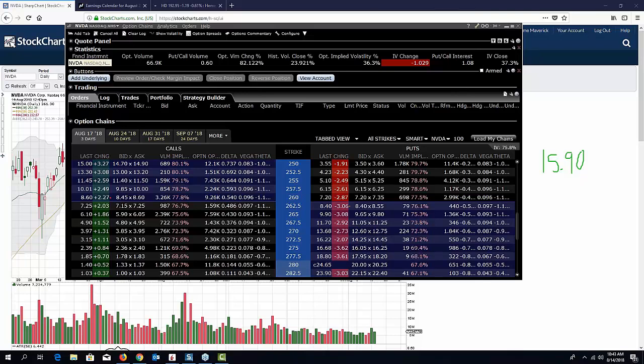So 1590 divided by 260 is 6.1. So 6.1% versus Walmart's 4. And you know, this seems pretty reasonable given that Nvidia probably will be more volatile than Walmart over its earnings here in the next little bit, right? So you can look at comparisons that way.